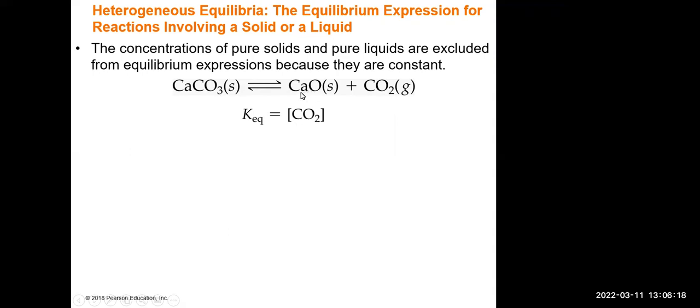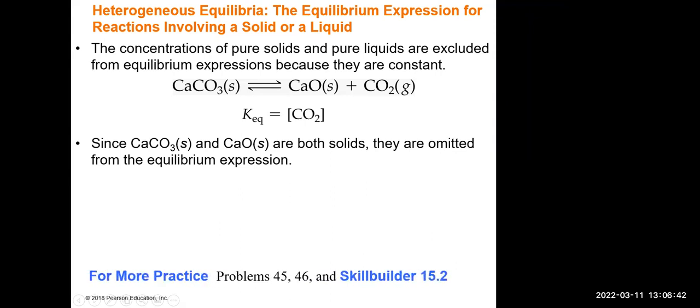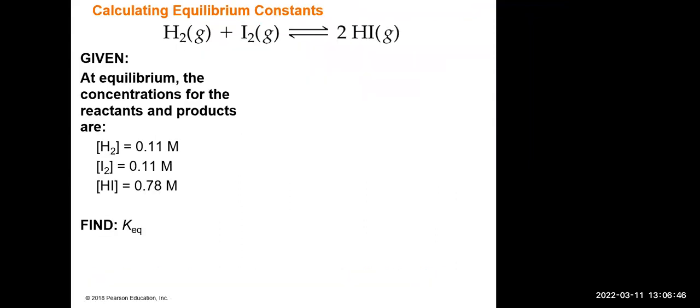You just replace them by one. If you initially write them there, simply change them to one and you will get this answer. Since CaCO3 solid and CaO solid are both solid, they are omitted and replaced by the number one. Multiplying or dividing anything by one still gives the same result.